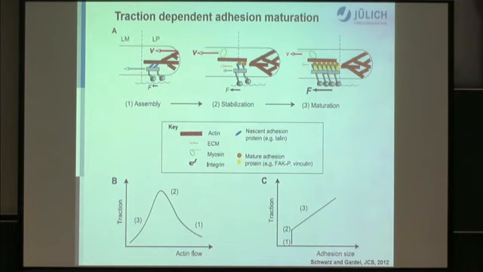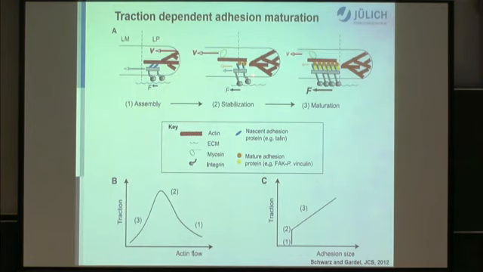You see this here. The tractions transmitted by these very young adhesions are very low. And at some point those adhesions can mature if increased forces are applied to those adhesion sites.